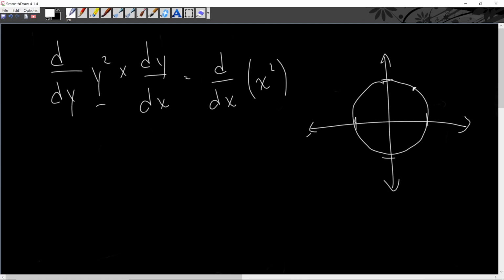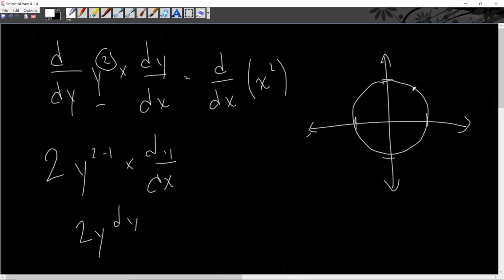So from here, the derivative of y will follow the same way. We would have 2, which is going to be our n, times y to the 2 minus 1 times dy dx. So 2 minus 1 is 1, so we'd have 2y dy dx. Alright, and then again we had 2x out here, and then we had 0 over here, and now we simply solve for dy dx.